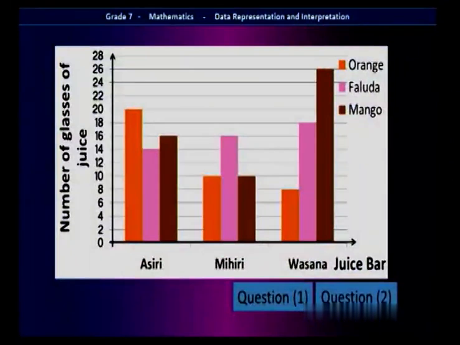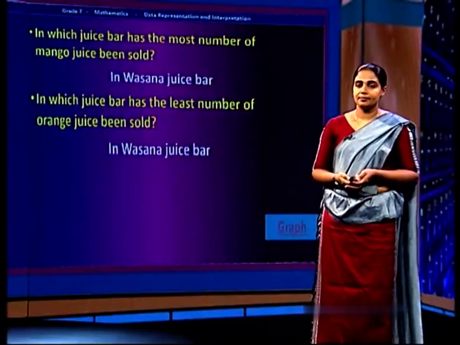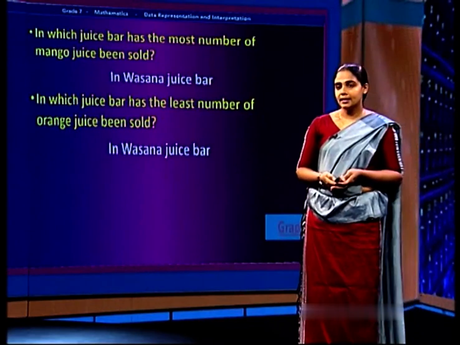Then these are the bars shaded in color orange. Then the least one is the shortest bar. It is in Vasana juice bar. Then my dear kids, your answer should be in Vasana juice bar.